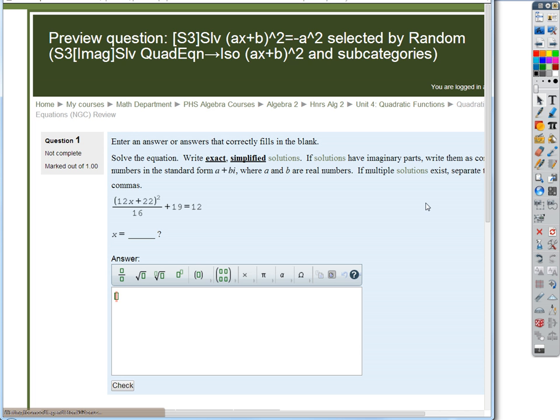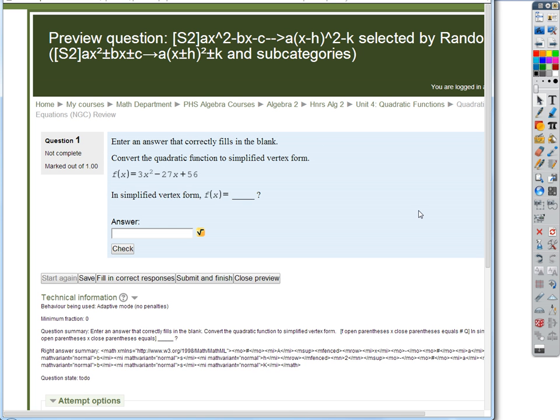Okay, convert to simplified vertex form.